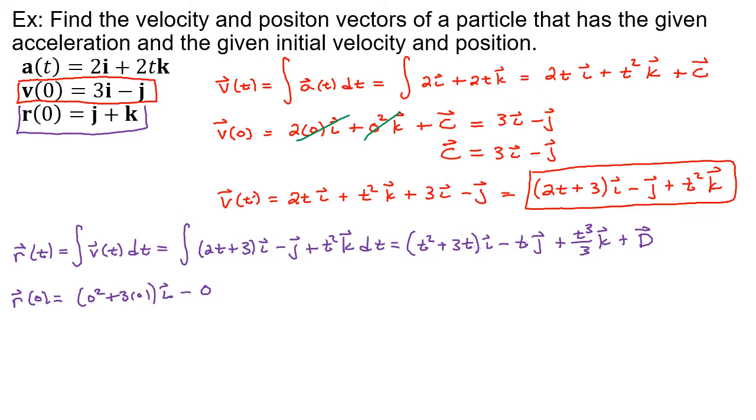But just make sure, minus 0j, plus 0 cubed over 3k, plus your constant vector had to be j plus k. And just like on the last one, plugging in 0 is going to wipe out every one of these things. And so my vector d is just j plus k.